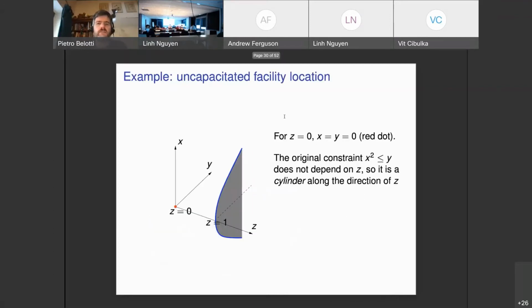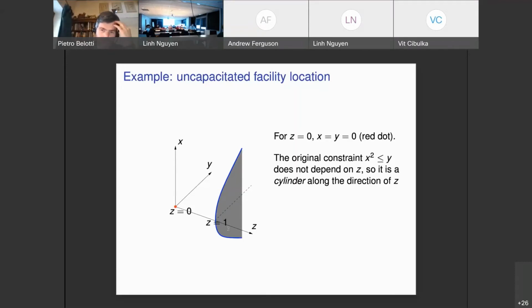So again, I'd like to give you a visual representation of this because I find it extremely interesting. If you have three variables, our binary variable z, and then two variables x and y, and we know that for z equal to 0, the solution imposes that x and y are both equal to 0. So basically, the origin, the red dot, is one feasible solution of the problem.